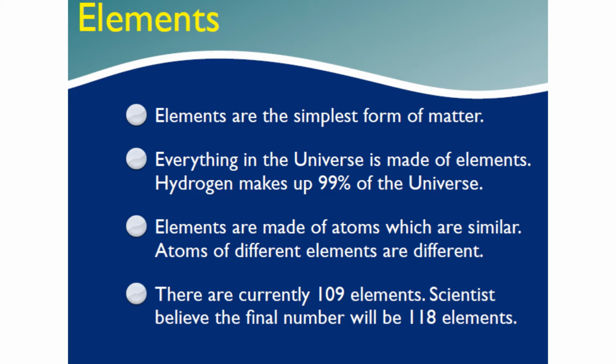If you have an element of hydrogen, the atoms of hydrogen are very similar, whereas helium and sodium are different elements with different atoms. The final number will be 118 elements, and that's what is on the periodic table currently.